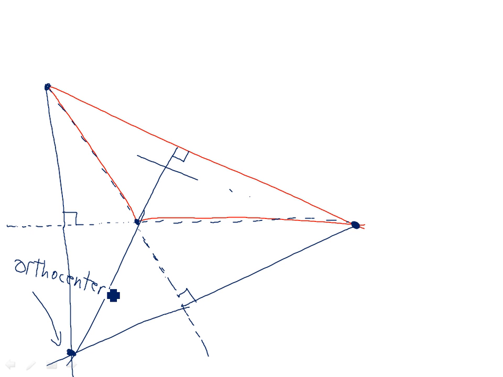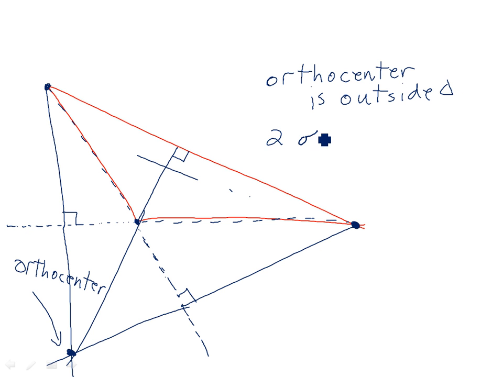So for an obtuse triangle, the orthocenter is outside the triangle. And two of the altitudes are outside the triangle.